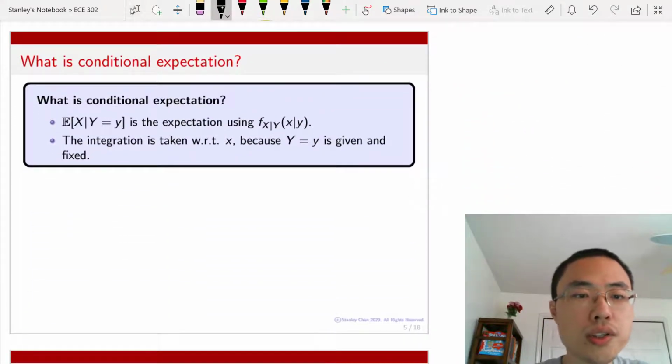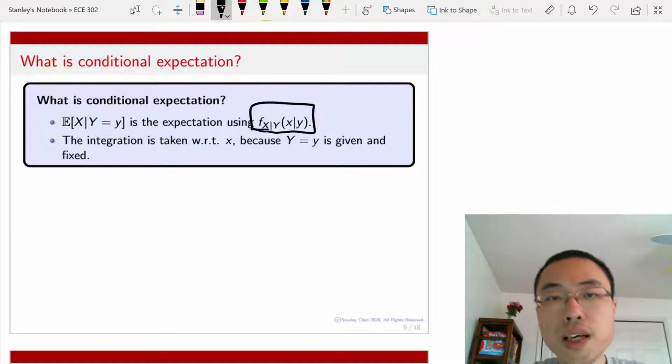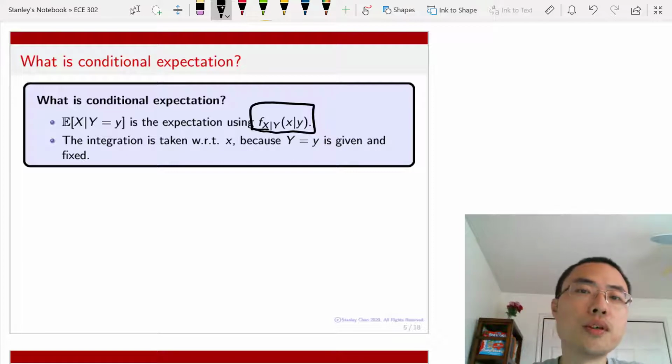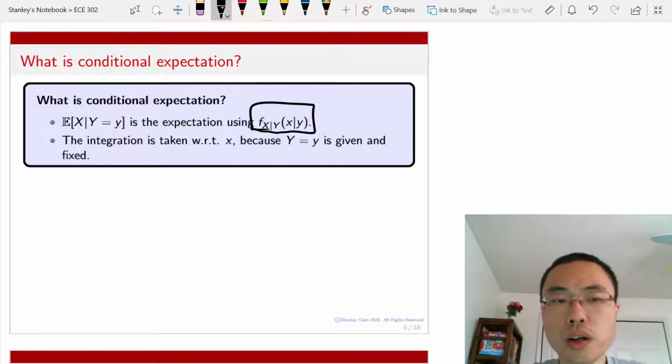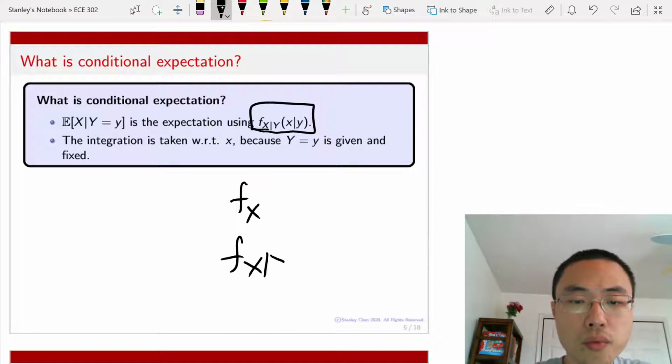So exactly what is conditional expectation? This notation, expectation of x given y equals small y, is the expectation using this conditional PDF. If you can remember this single most important idea, you'll be able to do a lot of these conditional expectation calculations. Just do not be confused between f of x and f of x given y.